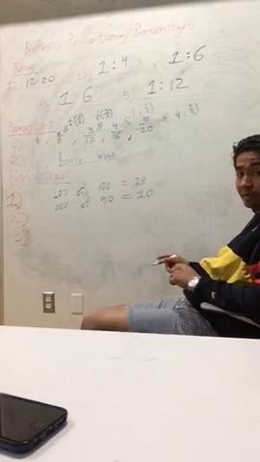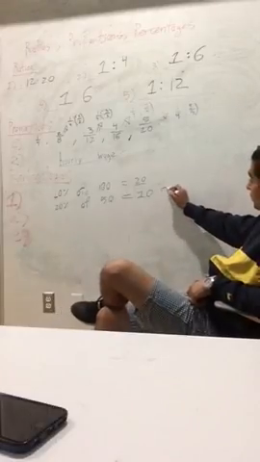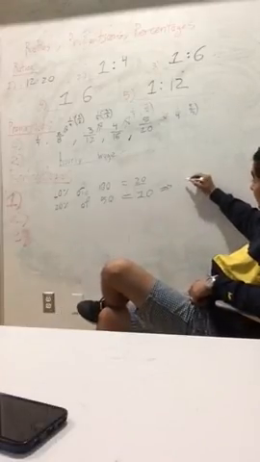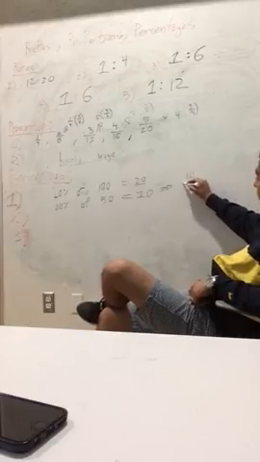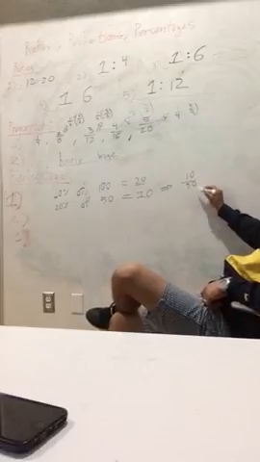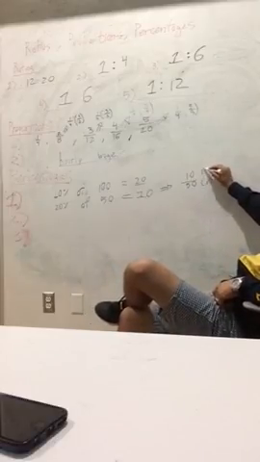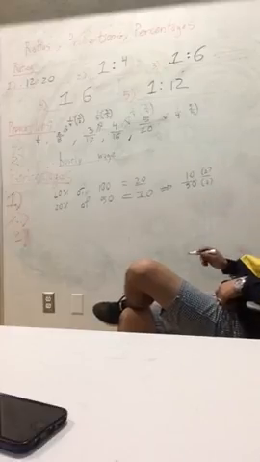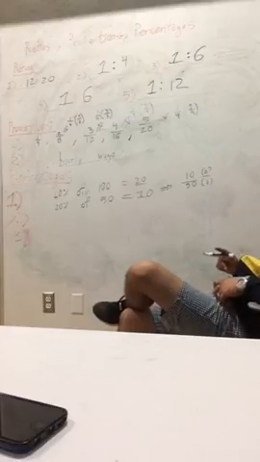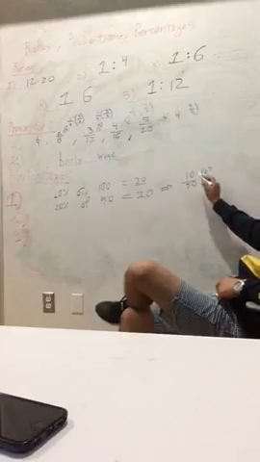Well, the trick is to try to make the 50 into 100. Say we put it into a fractional form, 10 over 50. So how can I make the 50 into 100? I can just multiply by 2. Now to keep our same proportion, whatever I do to the denominator, I have to do to the numerator.